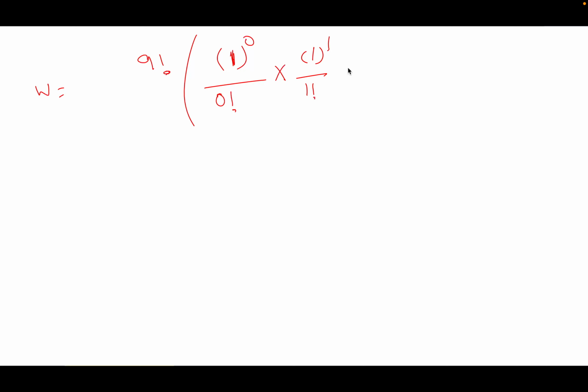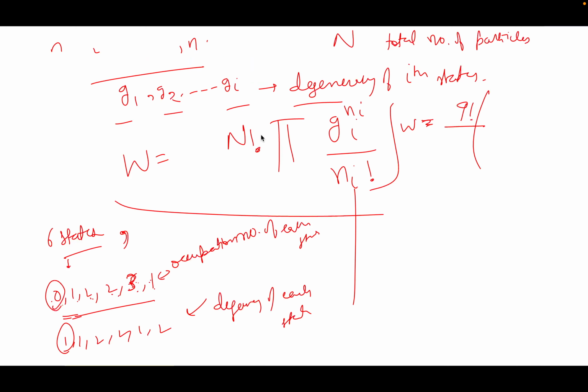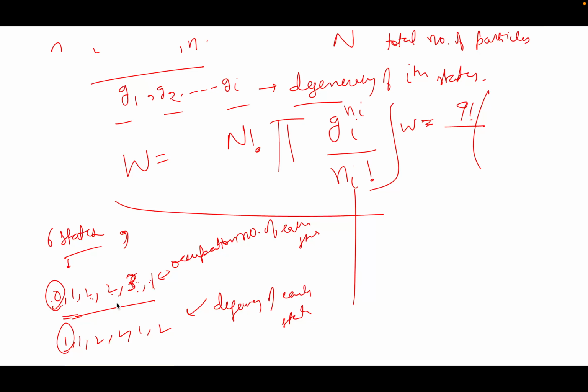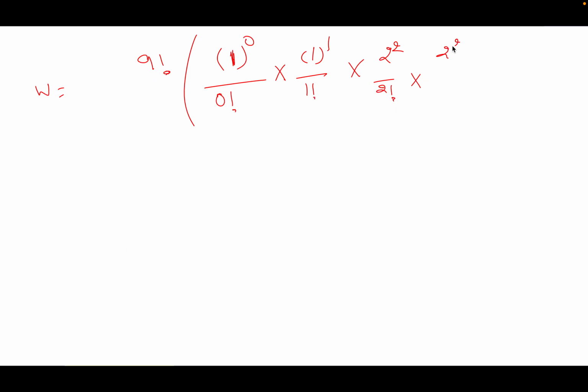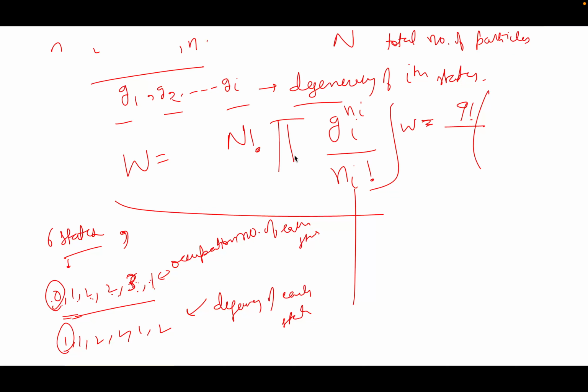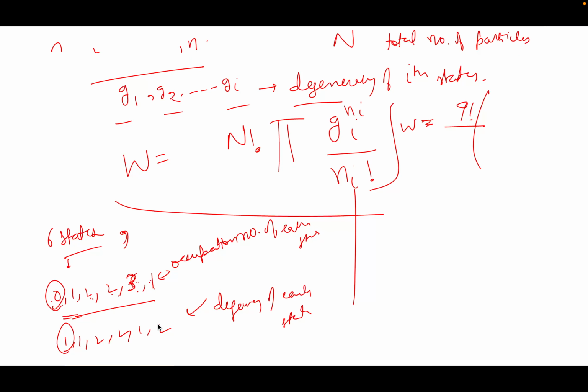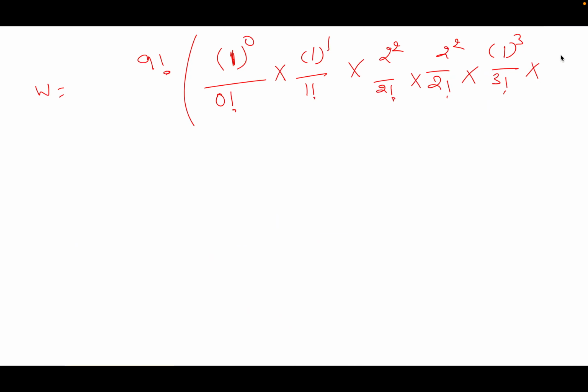Into the next state, the degeneracy is 2 and the number of particles is 2, so 2 to the power 2 divided by 2 factorial, and in the next state again 2, so this is 2 to the power 2 divided by 2 factorial. In the next state the degeneracy is 1 and the number of particles is 3, so the degeneracy 1 to the power 3 divided by 3 factorial, and then degeneracy 2 and occupation is 1, so 2 to the power 1 divided by 1 factorial.